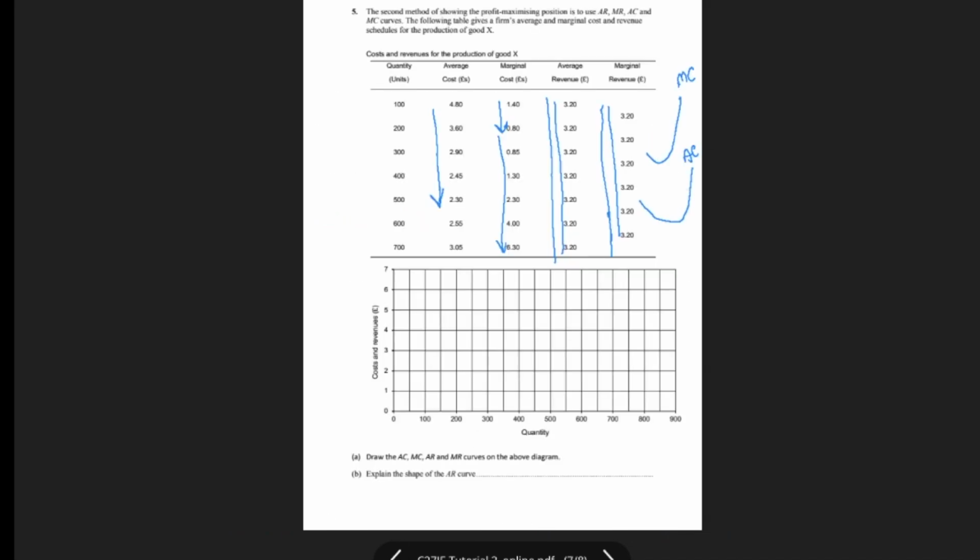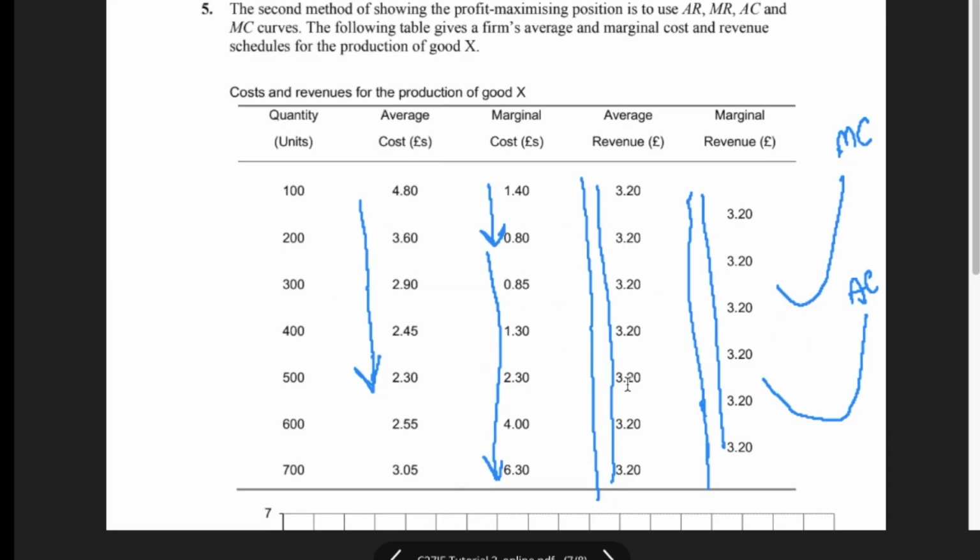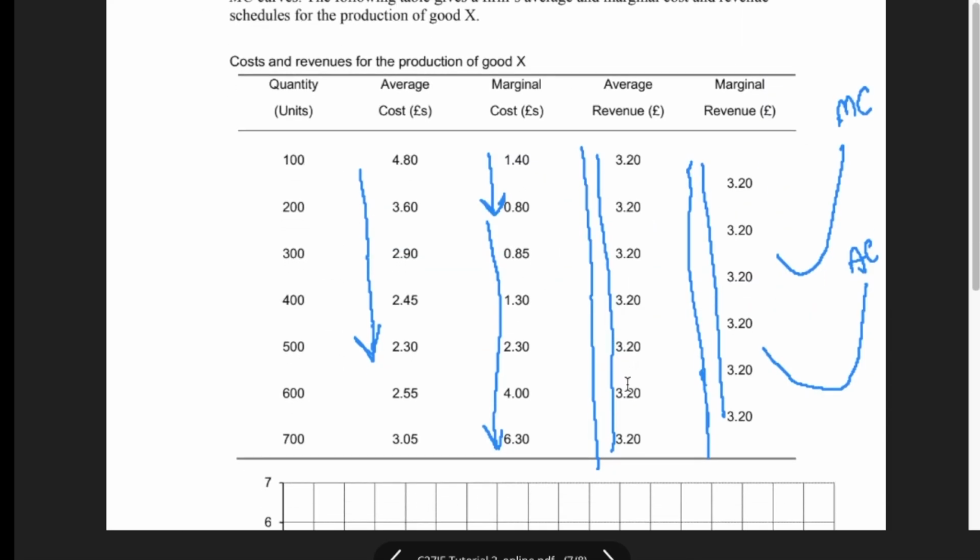Well, if I'm not to make a loss, I need to cover my costs. So I need to think to myself, well, what is the lowest cost that I can produce at? And I need to look at my average cost table, and I can see that I can produce 500 units with an average cost of $230.